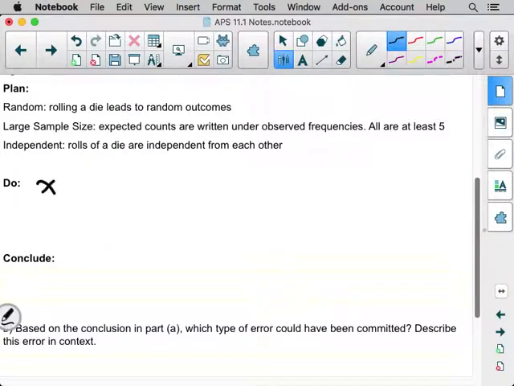So that chi-squared test statistic, it says for every single category, take observed minus expected. So for the number 1, that would be 42. We expected 50, divided by 50. I'm also not going to make you do all of them. Okay, that would be an awful lot of writing. But at least show me the first one and then the last one.